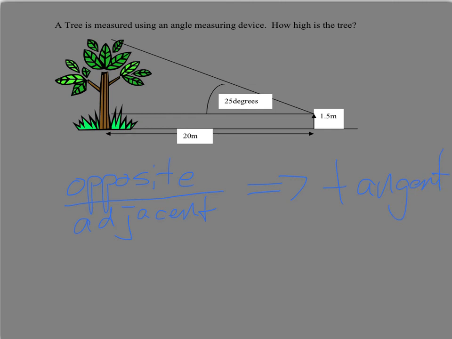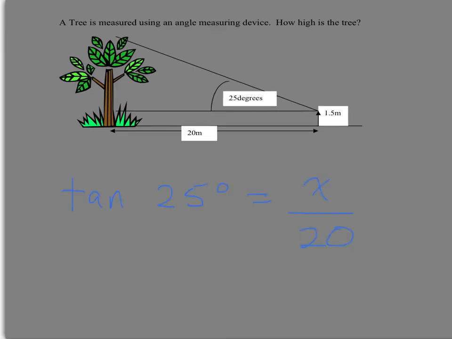All right, so let's model this using the tangent function. And the way we do that is, let me clean this screen up so we can get going. And that means tan of 25 degrees is the same thing as the opposite, or the unknown, which we'll call x, all over 20, which is our adjacent.